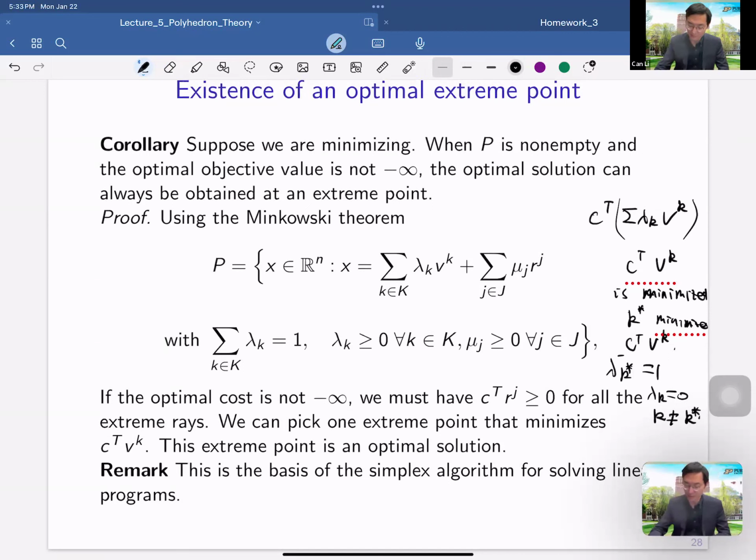In other words, if we can find the extreme point that minimizes c transpose v_k, we should put all the weight of lambda on this particular extreme point. That is to say, there always exists an extreme point that is the optimal solution for the linear programming problem. This is a very important result. We are going to use this for building the simplex method. Any questions here?